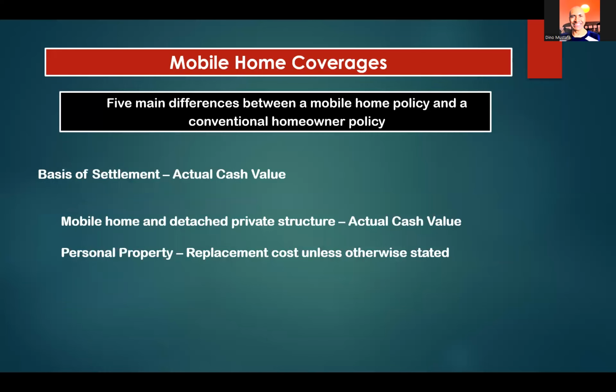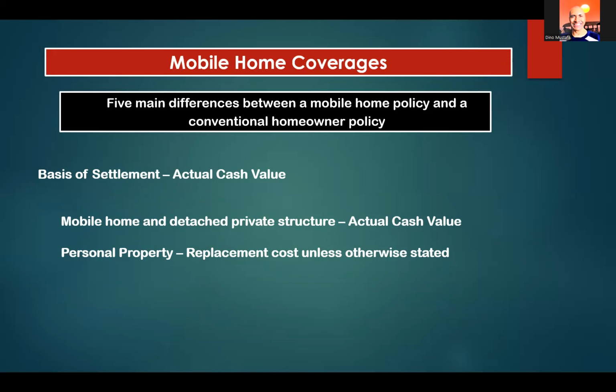So if something went wrong with the mobile home, like if some peril affected it, fire, windstorm, or whatever it is, how do they settle the claim? Actual cash value. The basis of settlement is actual cash value. That means how much is the mobile home worth after the depreciation? Mobile homes and detached private structures are based on actual cash value, but personal property is based on replacement cost unless otherwise stated.